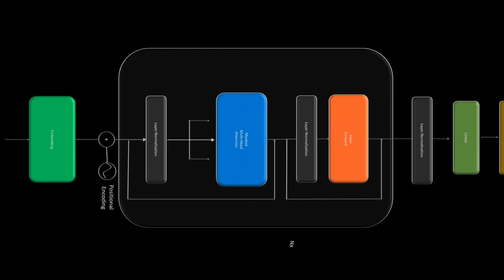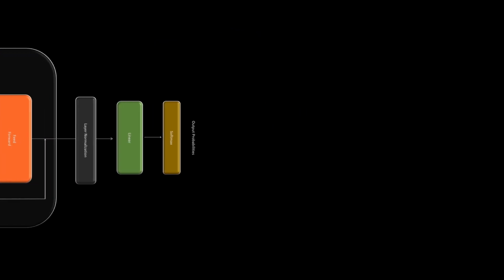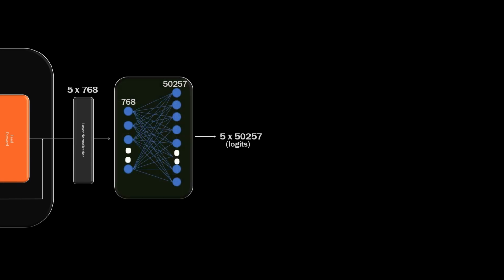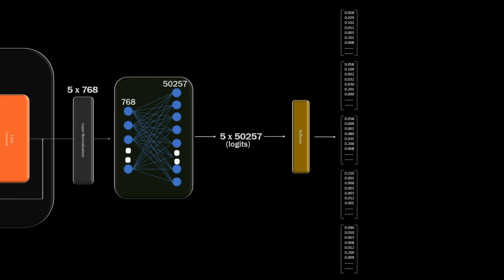Now, as the tokens pass through multiple layers, they eventually reach the final linear layer. At this stage, the model outputs logits of size equal to the vocabulary size for each of the 5 tokens in our example. Applying softmax to these logits gives a probability distribution over the vocabulary for each token position.